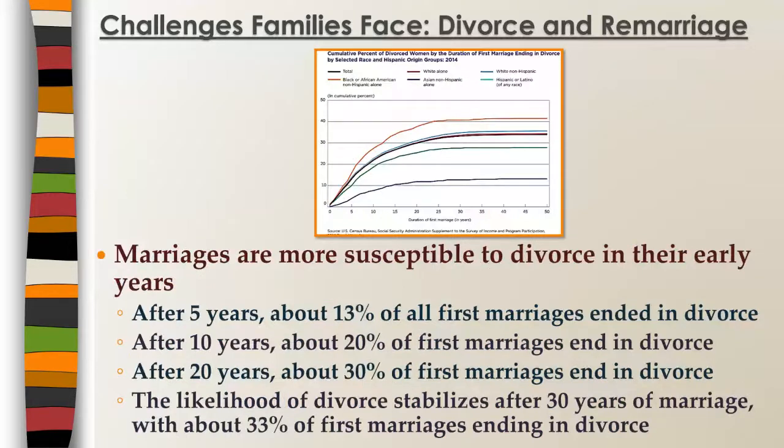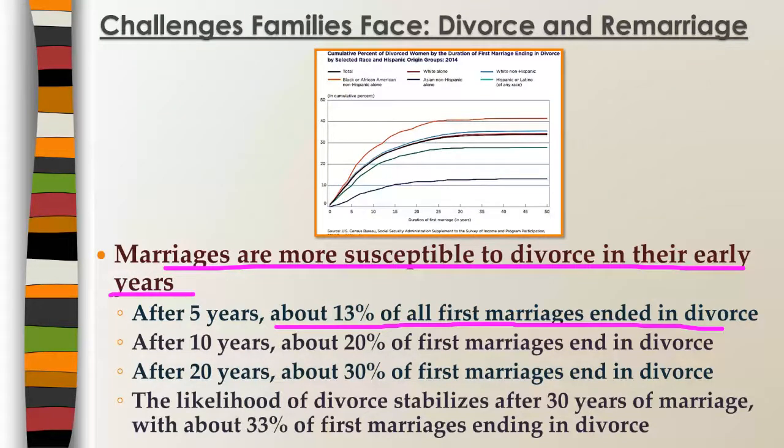Now, marriages are actually more susceptible to divorce in their early years. After about 5 years, about 13% of all first marriages end in divorce. After 10 years, about 20% end in divorce. After 20 years, about 30% of first marriages end in divorce.